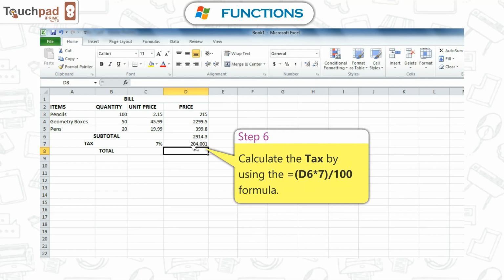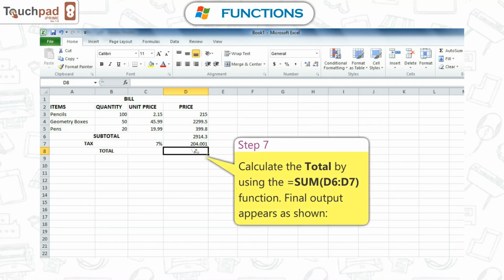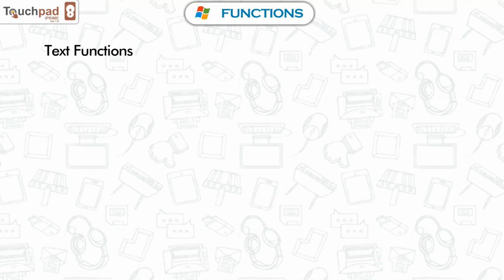Calculate the tax by using the =D6*7/100 formula. Step 7. Calculate the total by using the =SUM(D6:D7) function. The final output appears.